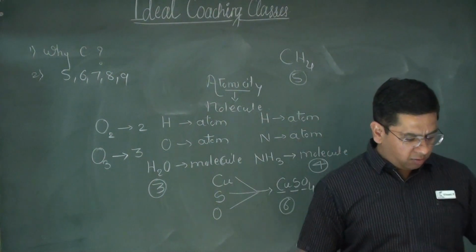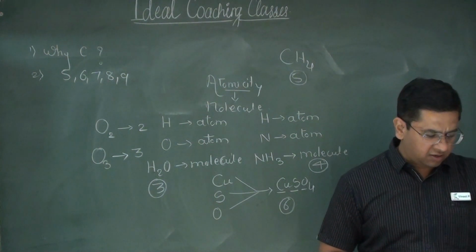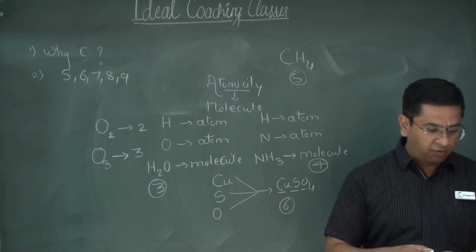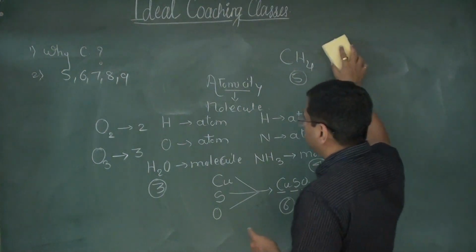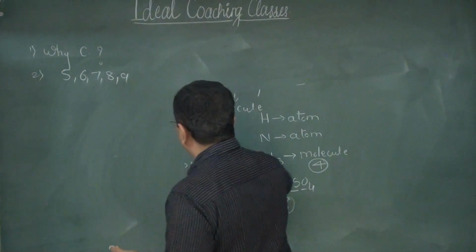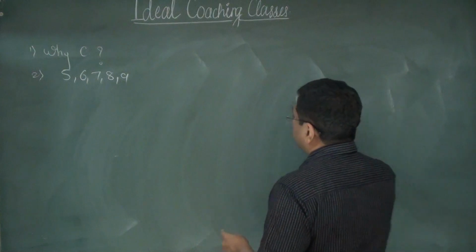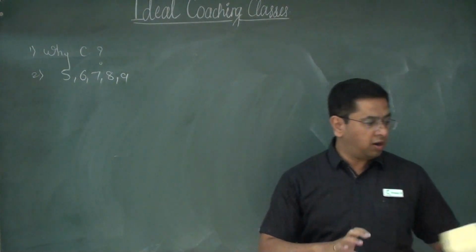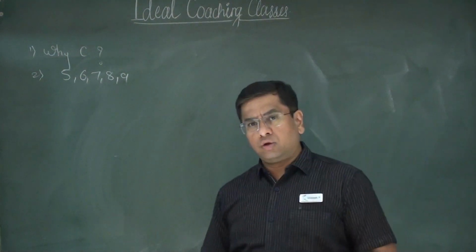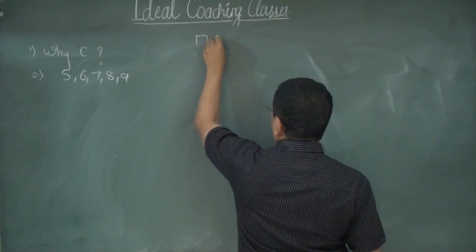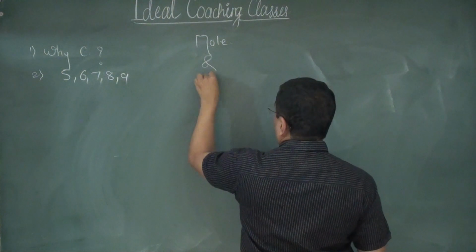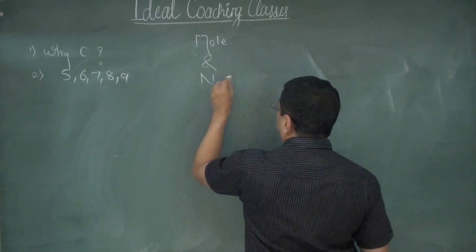Once you understand atomicity, unified unit, etc., then we have to understand the most important concept. We saw that concept and I told you we'll be going into details of that concept. The concept of mole and Avogadro's number. Please pay attention. The focus of the lecture is mole and I'll write it as N0.